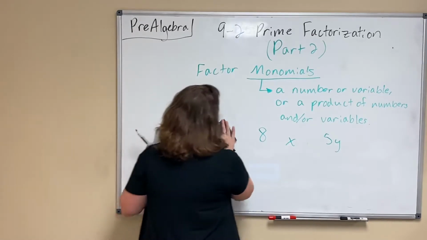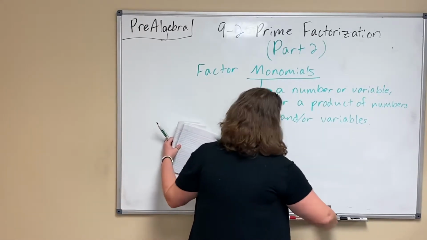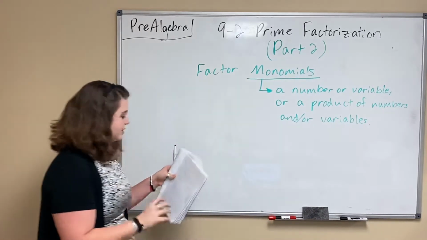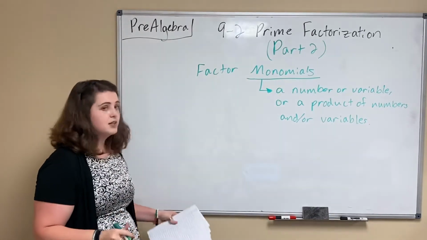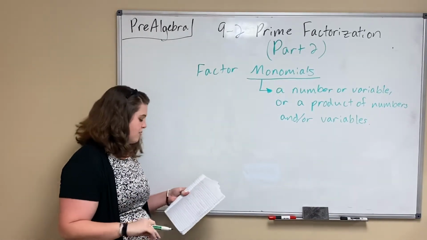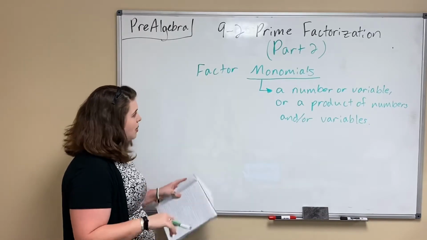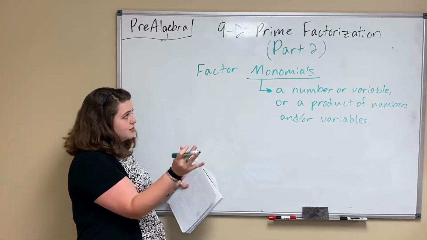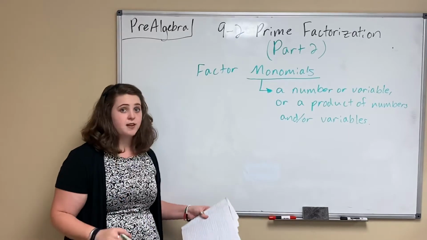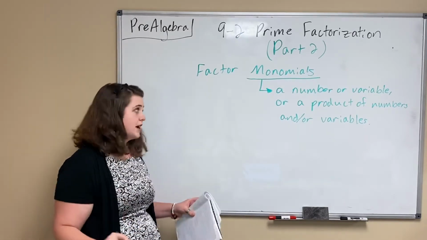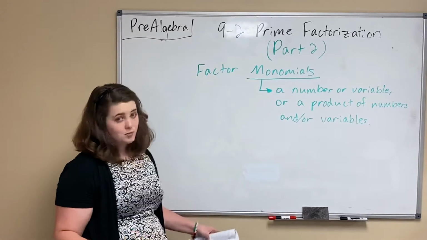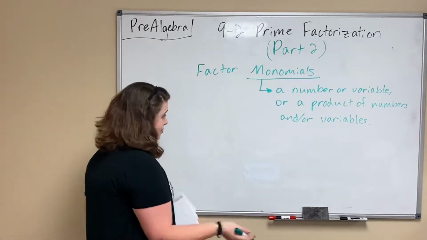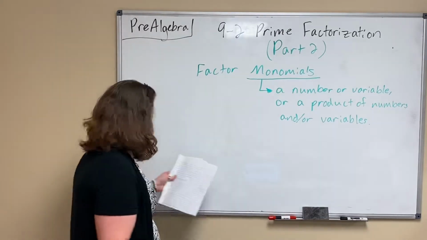Okay, so now that we know what a monomial is, let's practice factoring monomials. Just like I said at the top of the video, factoring a monomial, or prime factorization, is when we rewrite something as a product of its prime factors. So we're going to do the same thing with monomials, but it's going to be a little more complicated because they're variables this time.